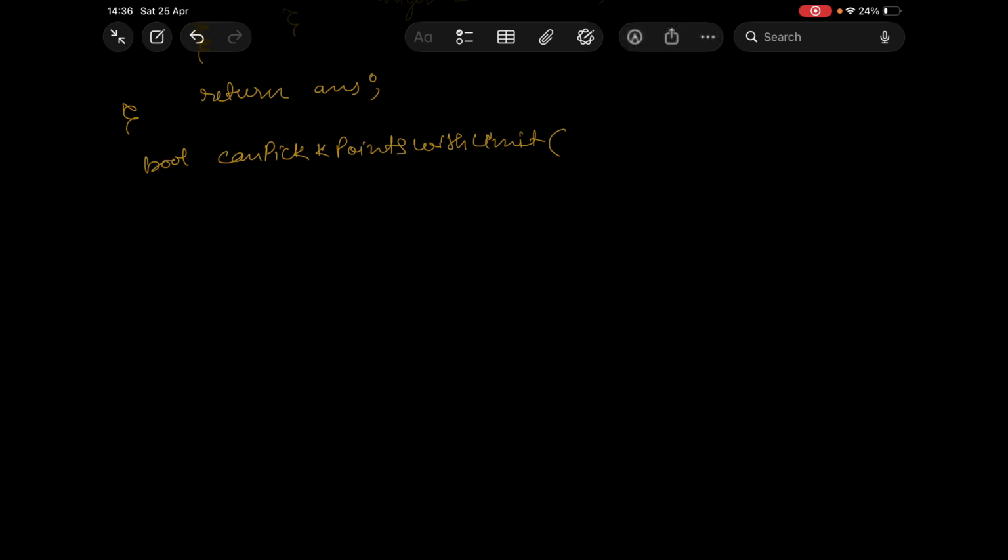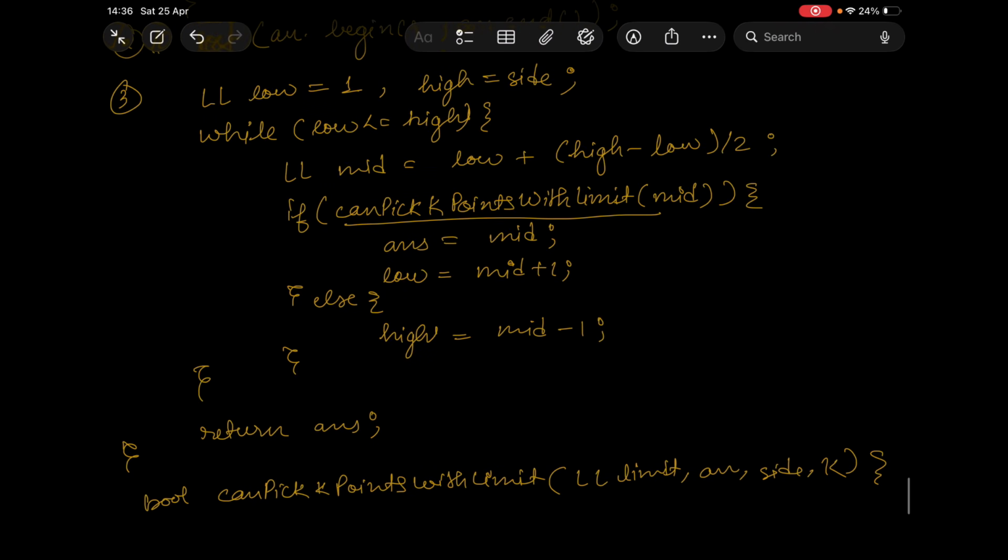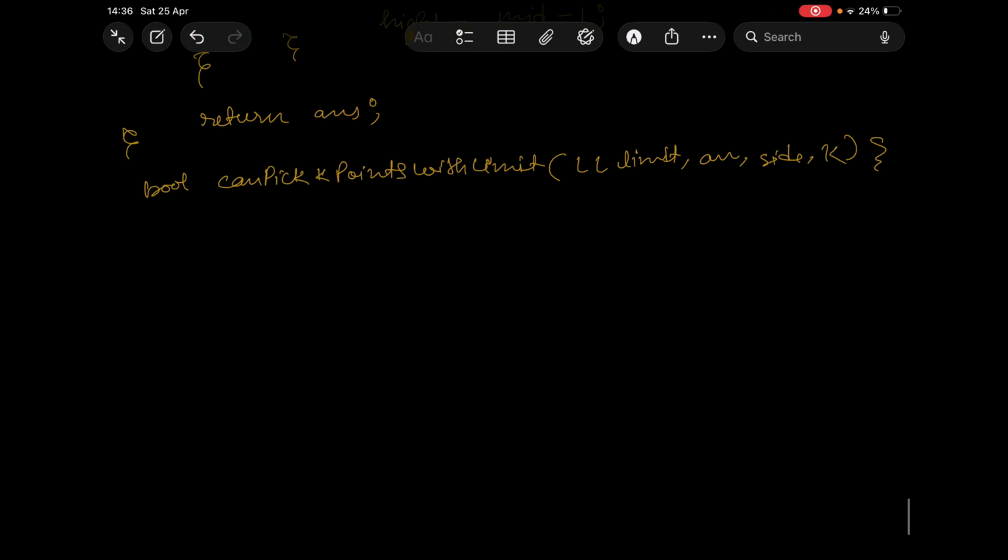Okay, so we have this long limit, and since this method is outside of our other method, we can have this array and side and k, other parameters, whatever needed, we can get this passed. So similarly here also we can pass those things, whatever is needed.